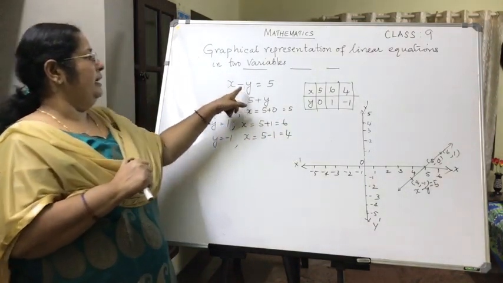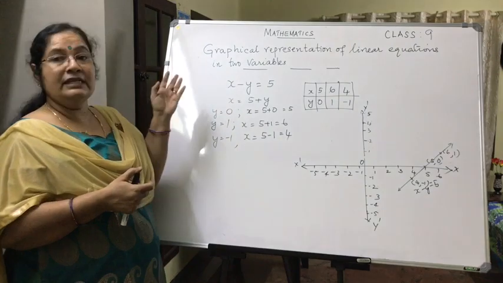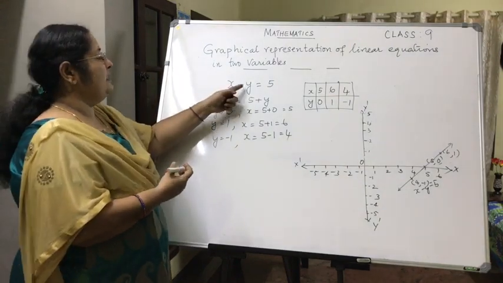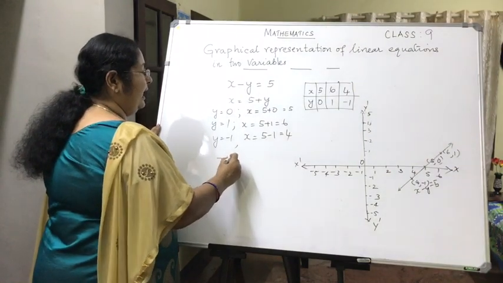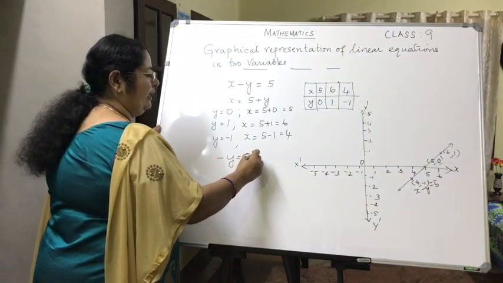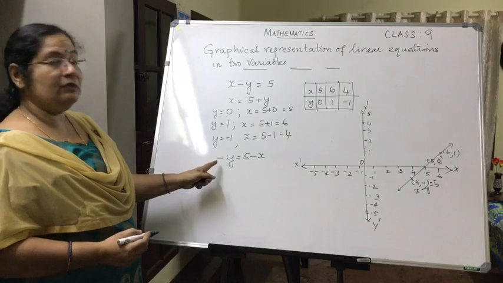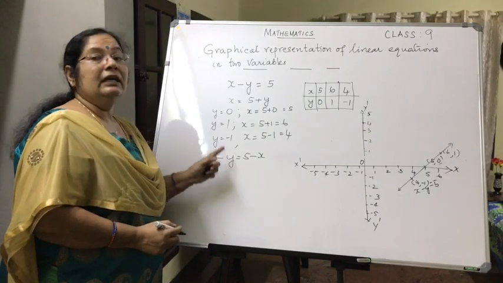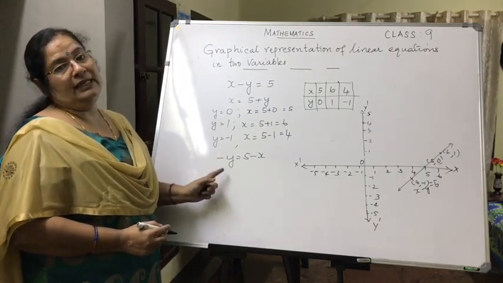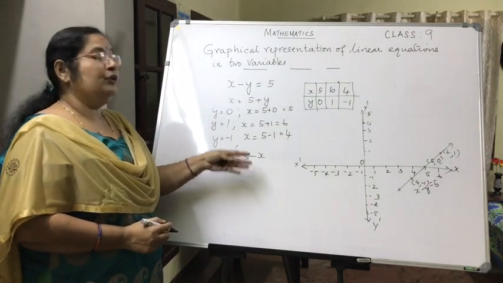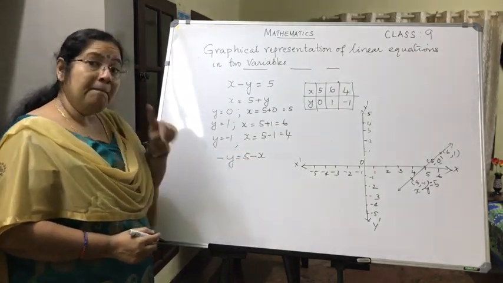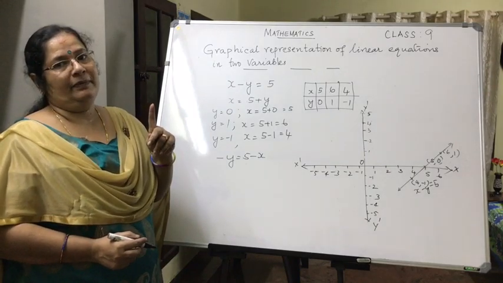Now as I told you earlier, supposing you are writing y in terms of x. So this is x minus y equals 5. Let us write it in the other way. So this will be minus y is equal to 5 minus x. Please be careful when you do the calculations here. It is minus y. So whatever value you are getting will be minus y only.